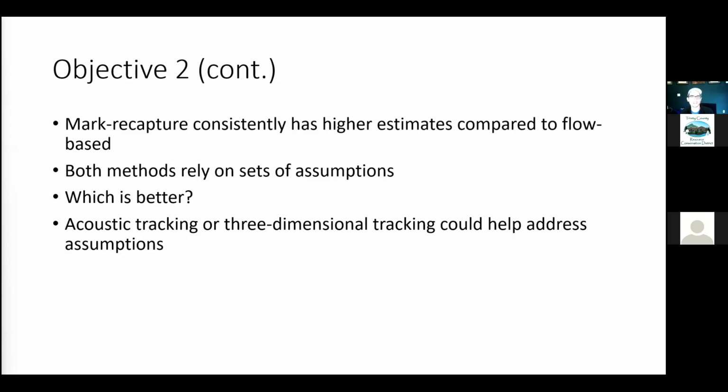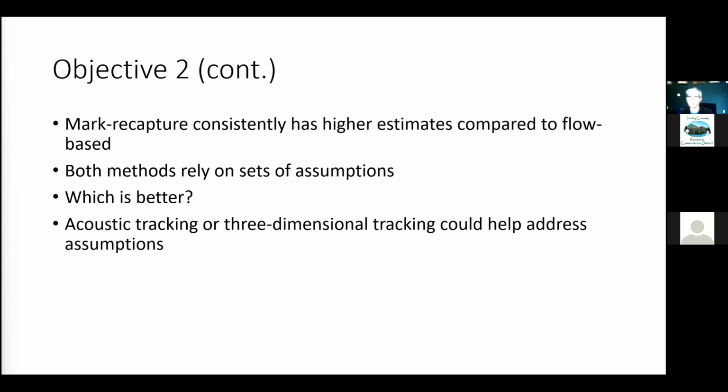Both of these methods rely on a set of assumptions. Mark recapture is generally a more accurate method. It relies on, I think, a few less assumptions compared to the flow-based.